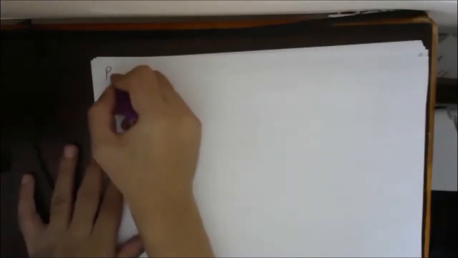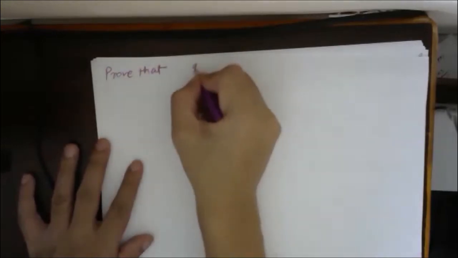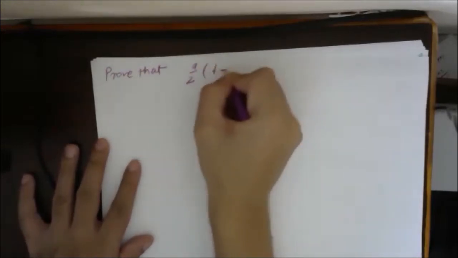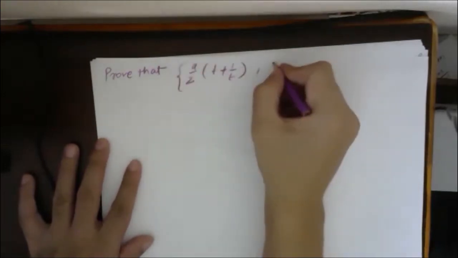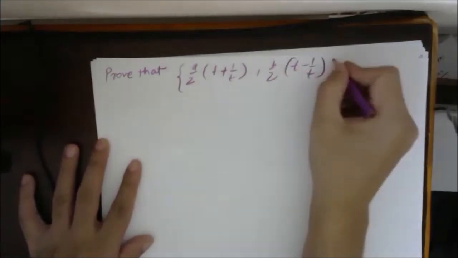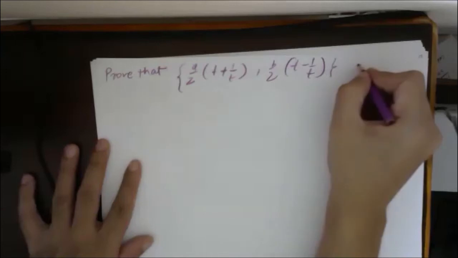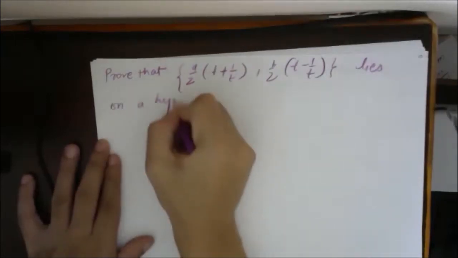The next question is: prove that the point a by 2 into t plus 1 by t, comma b by 2 into t minus 1 by t, lies on a hyperbola.